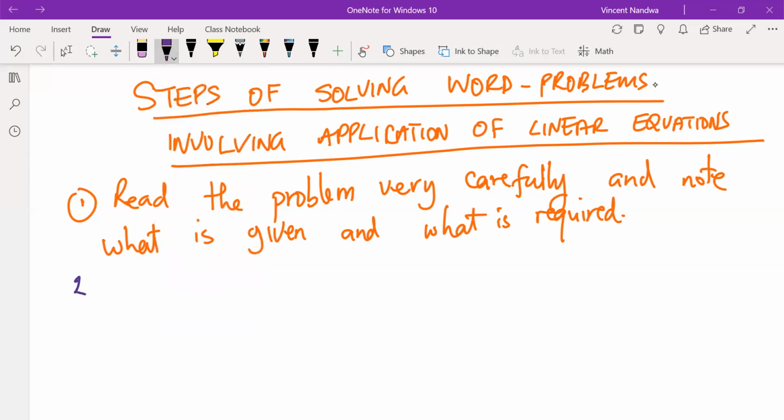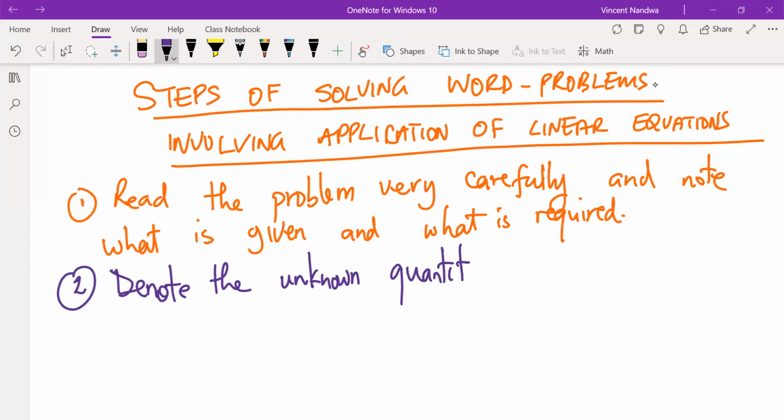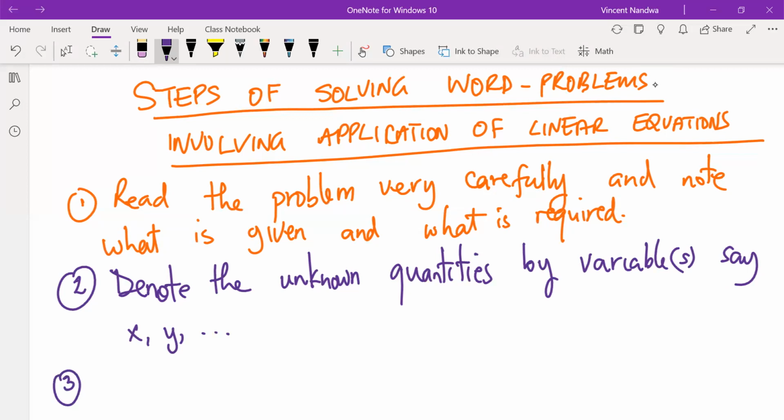Once you have done that, step two, denote the unknown quantities by variables, say x, y, z, etc. Once you have done that, then the next step, step three, translate the problem to the language of mathematics, or mathematical statements.